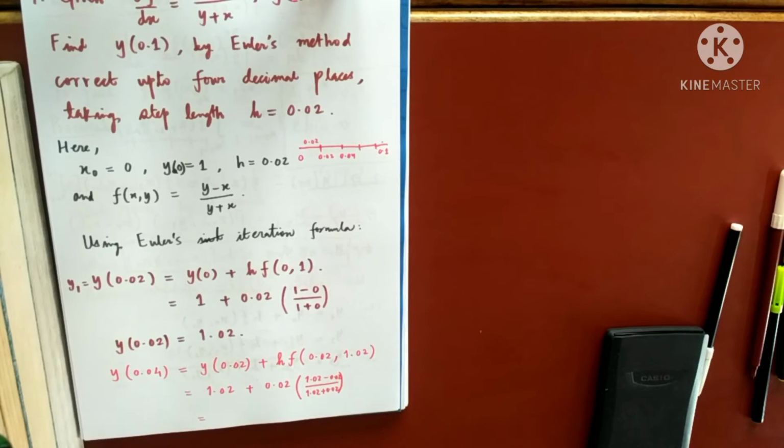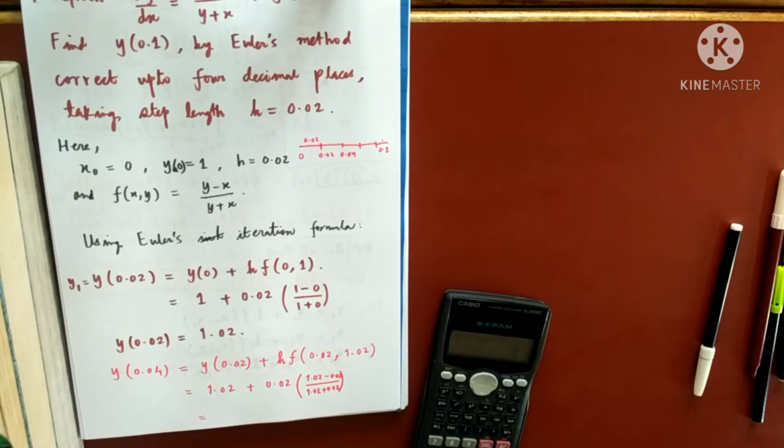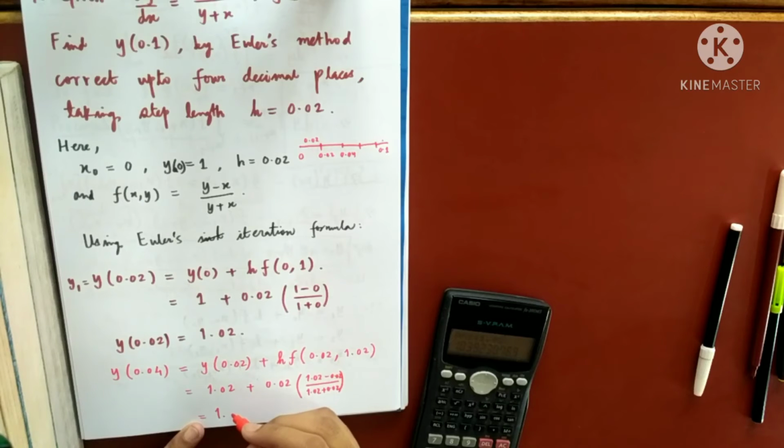Just compute this. After computing, let's see what are we getting. So what is this? 1 divided by 1.04 into 0.02 equals to this plus 1.02. It is coming as 1.039.